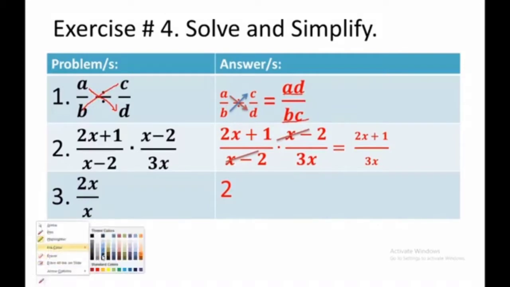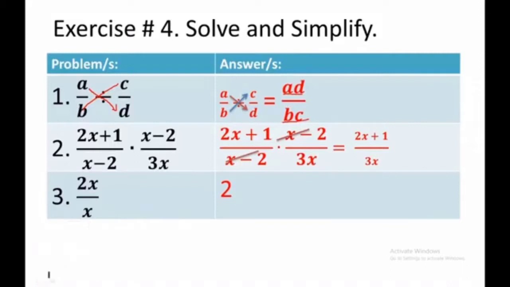Next is 2x plus 1 over x minus 2 times x minus 2 over 3x. In this problem, as you can see here, we have the same value in the numerator and the denominator. So we can cancel this. So x minus 2 over x minus 2.